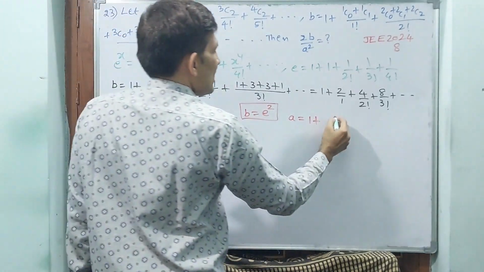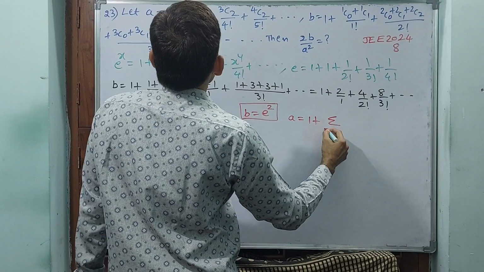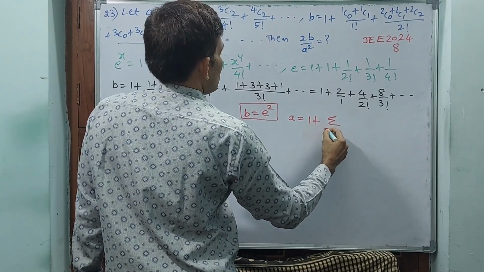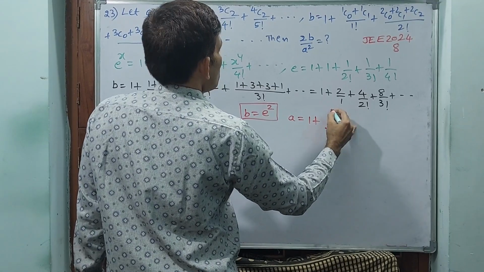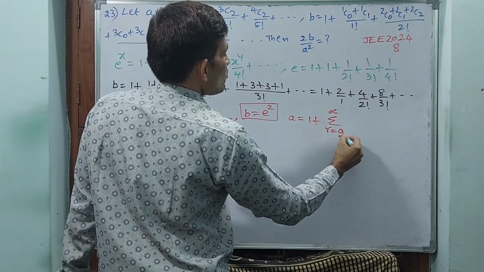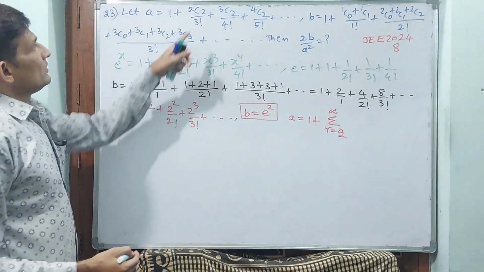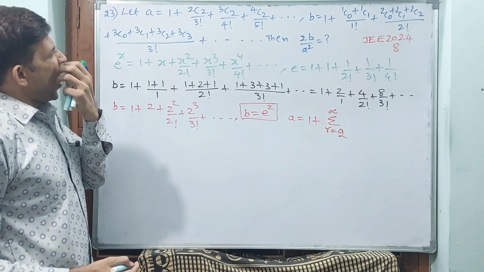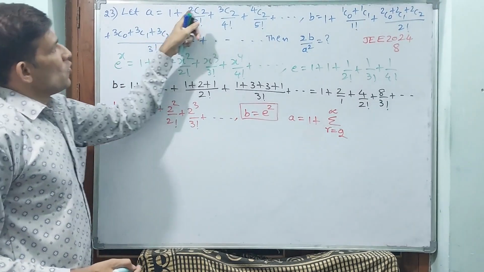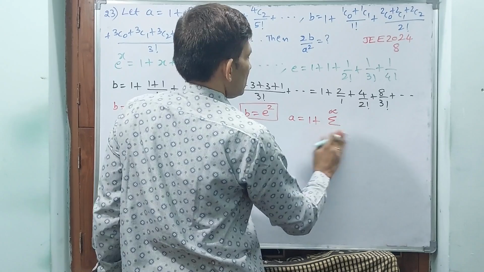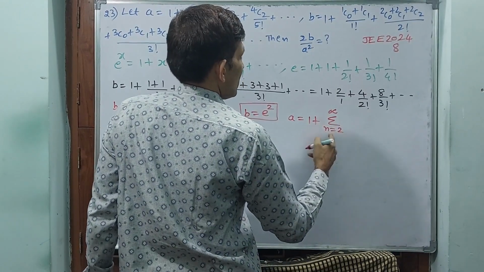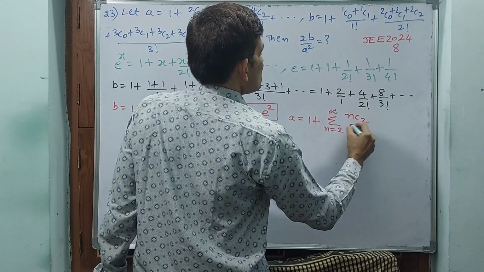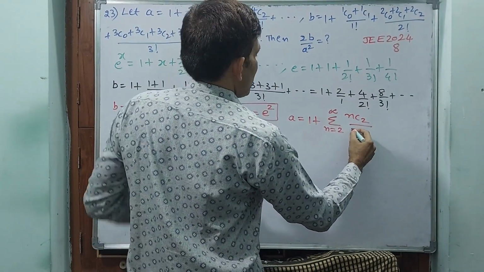That is why sigma with n = 2 to infinity, nC2/(n+1)!.